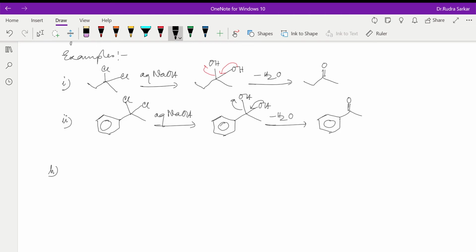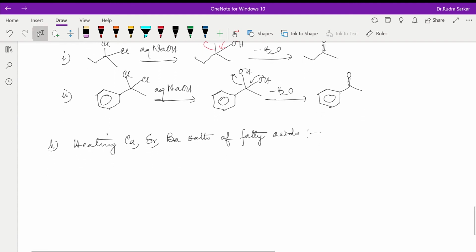The other procedure by which you can obtain is by heating calcium, strontium, barium salts of fatty acids. So the general scheme is R C double bond O, okay.